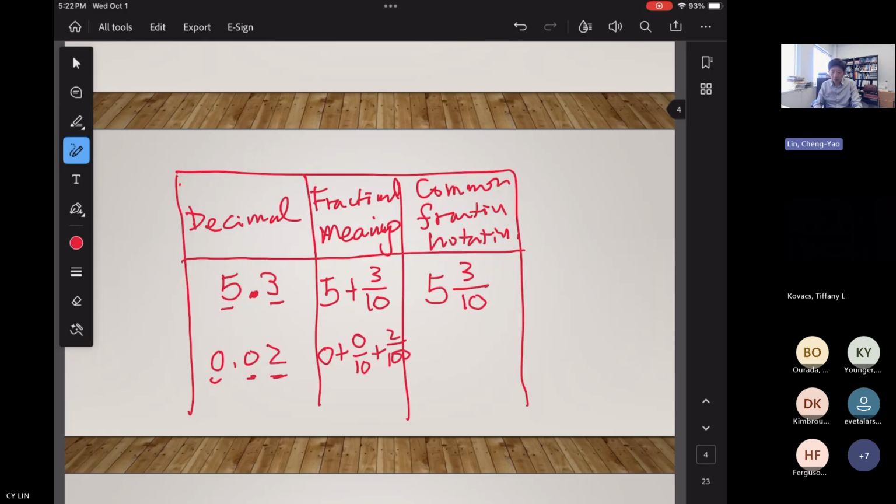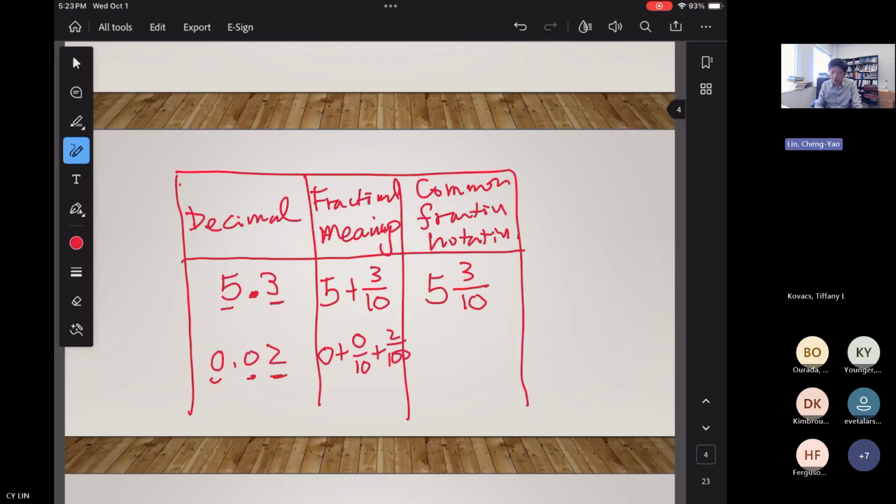But anyway, we talked about the fractional meaning and the common fraction notation. So we have 0.02.